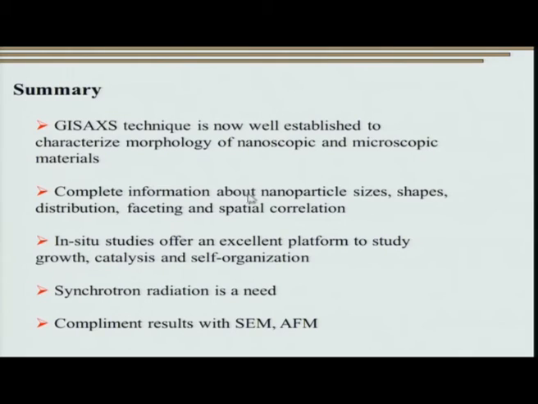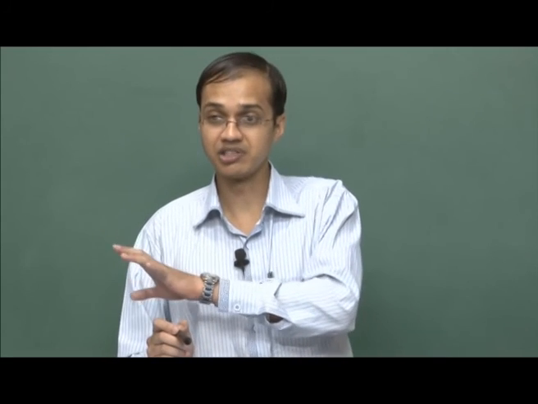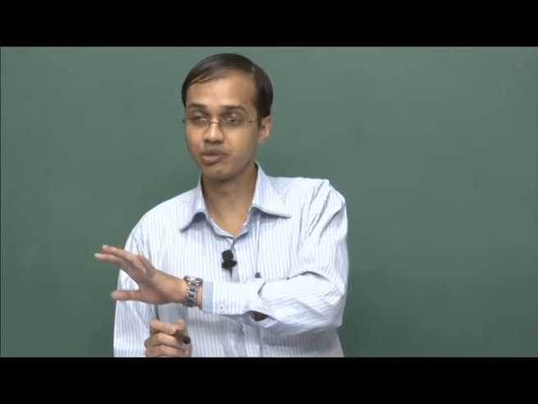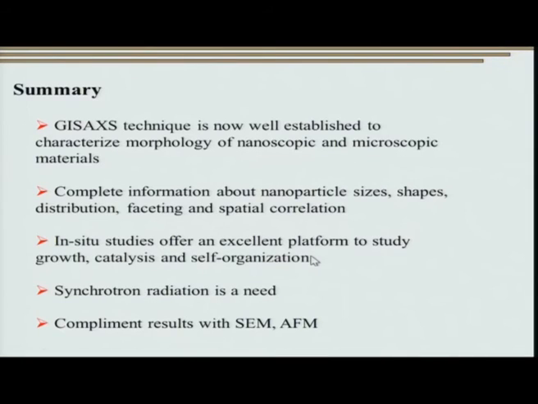We get complete information about nanoparticle sizes, shapes, distribution, faceting as well as spatial correlation. However, I would like to point out that this information is not straightforward. Like diffraction, all the information that we are getting is in the diffracted space, and that corresponds to the Fourier space. The best possibility of GISAXS is the in situ studies.